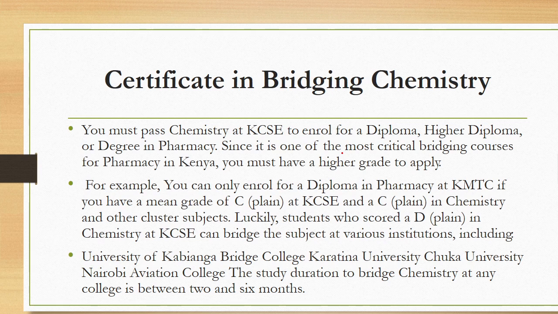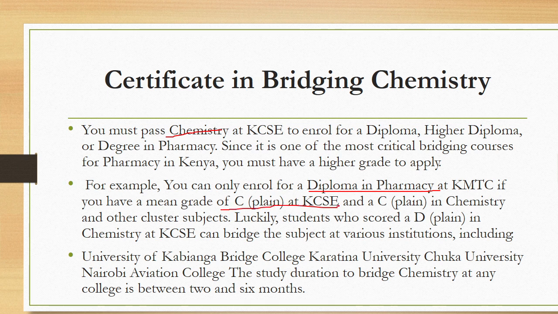We also have a certificate in bridging in chem. Chemistry is very, very important, right? If you want to do higher diploma or diploma in any medical course, especially within KMTC, right? So, for example, you can only enroll for a diploma in pharmacy at KMTC, right? We are using an example of a diploma at KMTC. If you have a mean grade of what?